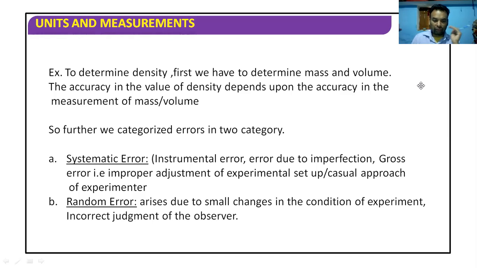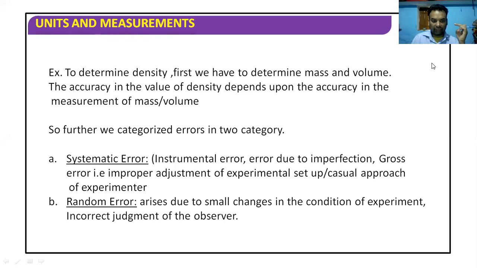If we are not accurately checking the position of the pointer, then the error is called random error. So this was the two categorization of errors: one is systematic error, and the other is random error.